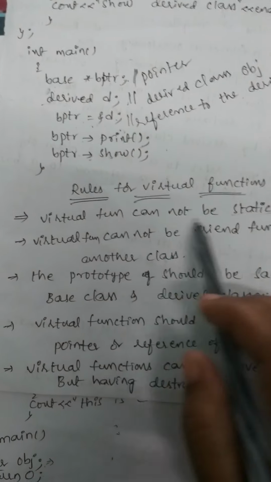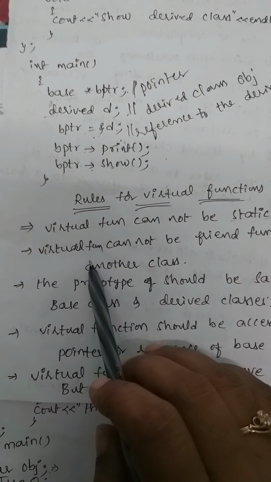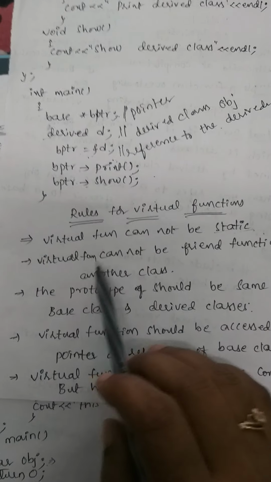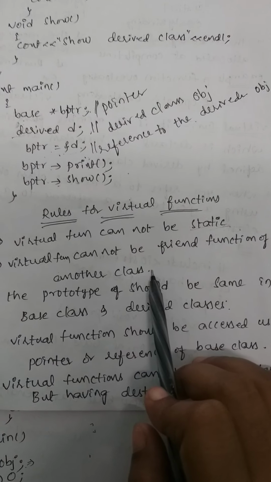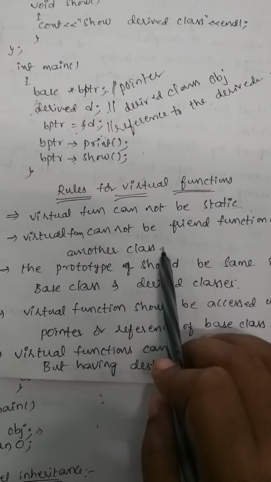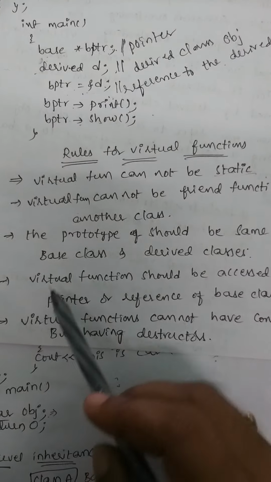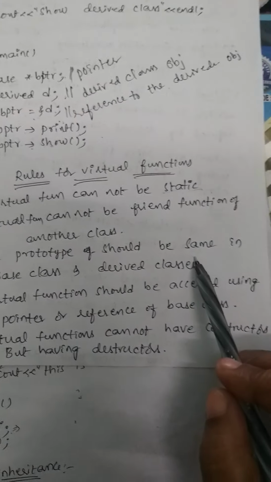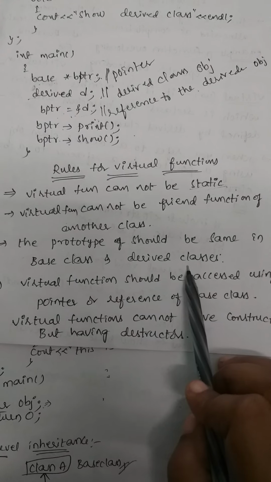That's why it is not static. Second, virtual functions cannot be a friend function of another class. The third point is that the prototype should be the same in the base class and derived classes.